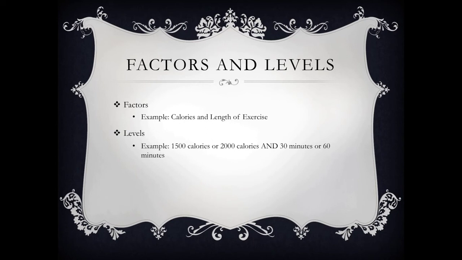You would need a group consuming 1,500 calories and 30 minutes of exercise, a group of 1,500 calories and 60 minutes of exercise, a group of 2,000 calories and 30 minutes of exercise, and a group of 2,000 calories and 60 minutes of exercise.